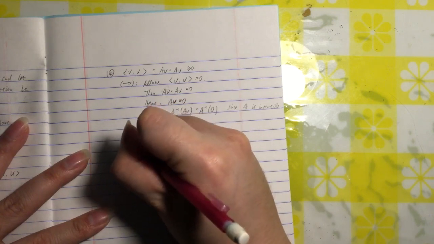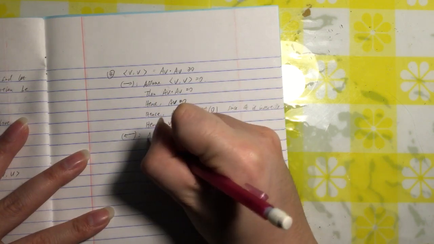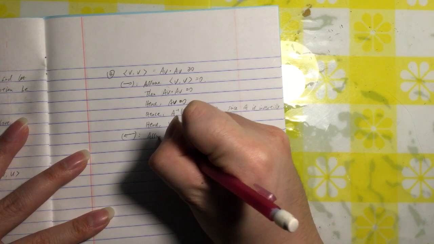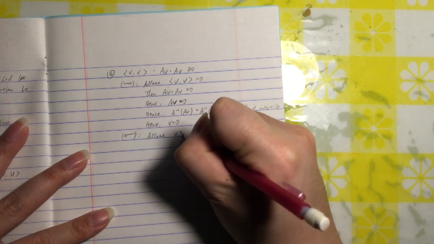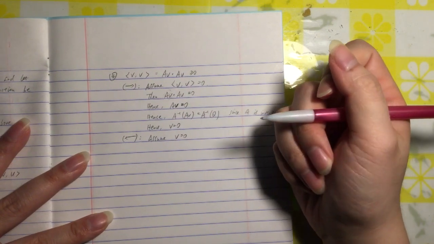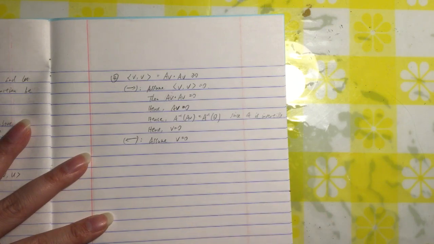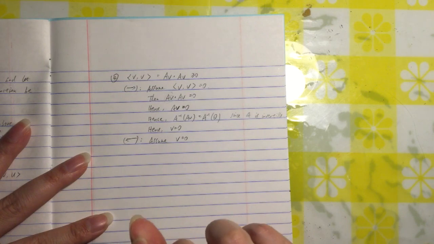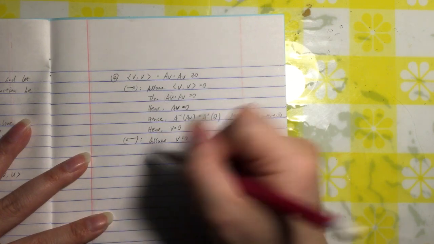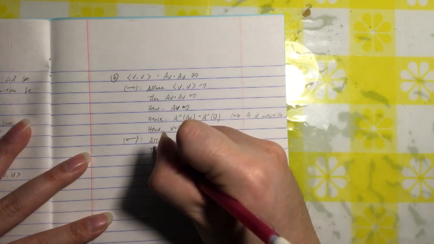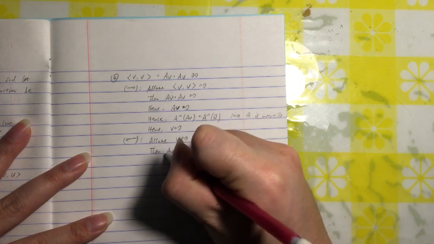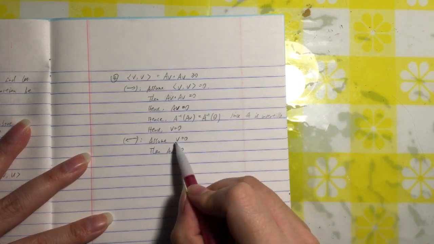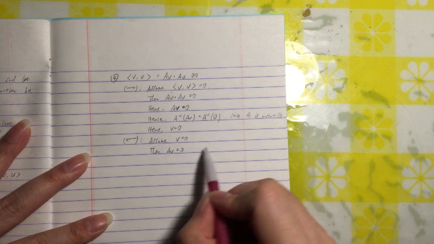In the other direction, assume V is a 0 vector. We try to prove that angle bracket of V comma V is 0. Then AV must be 0, since A times the 0 vector is 0.